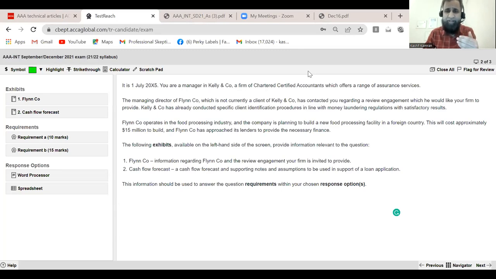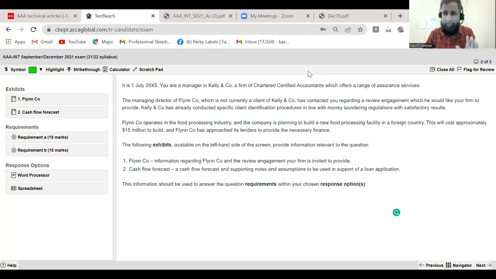You can save your time and just use the calculator, find the materiality, find the percentage increase or decrease, even find a ratio, and directly put the answer on the briefing note instead of taking it to the spreadsheet and then getting confused about how to correlate the spreadsheet with the briefing note.